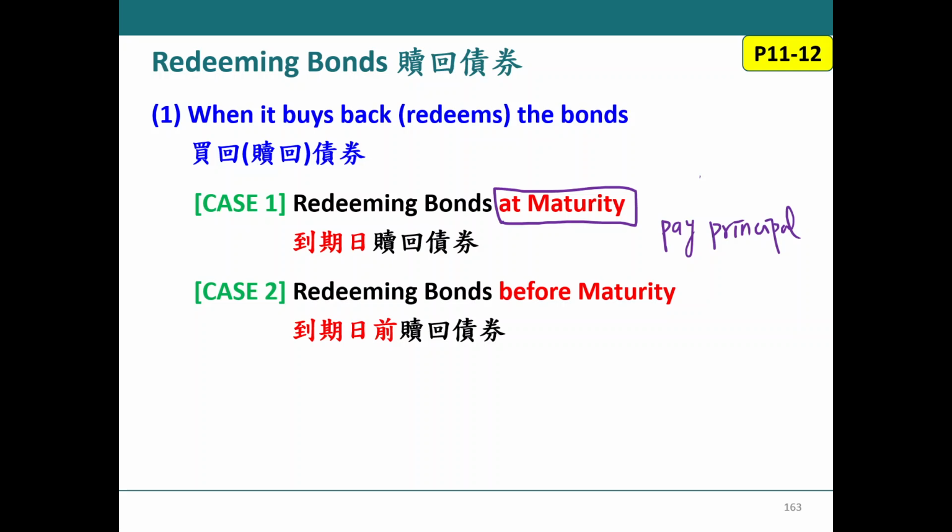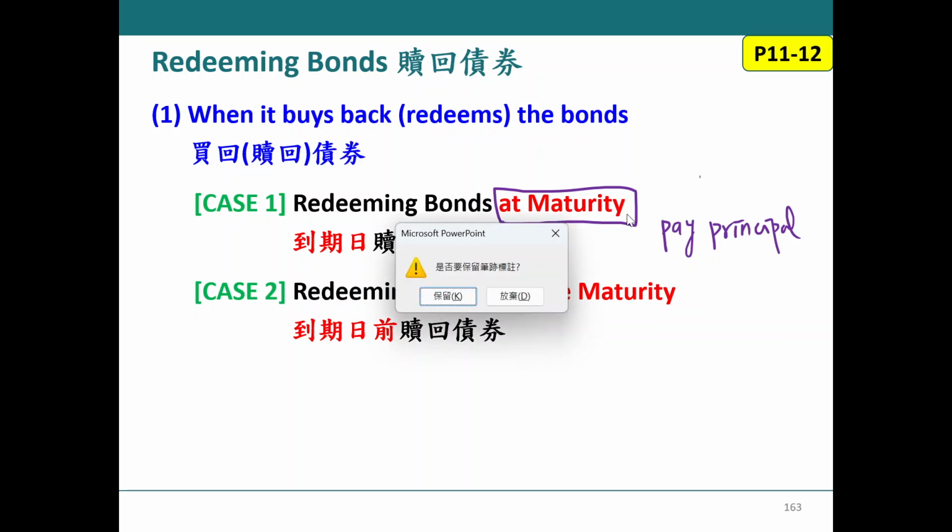But don't forget, at the beginning, I reminded you that at the maturity date, not only pay principal, always you will forget what? Pay your interest for the last period, right?